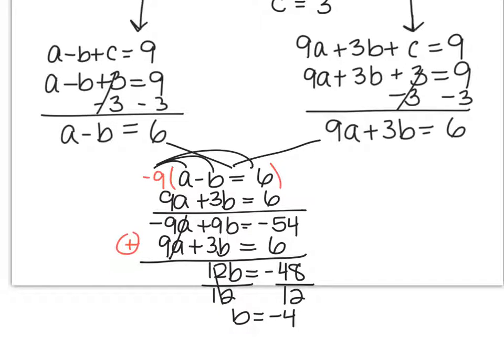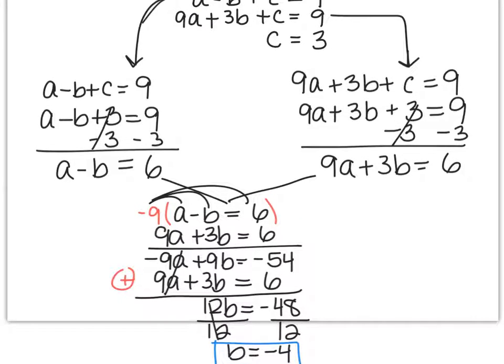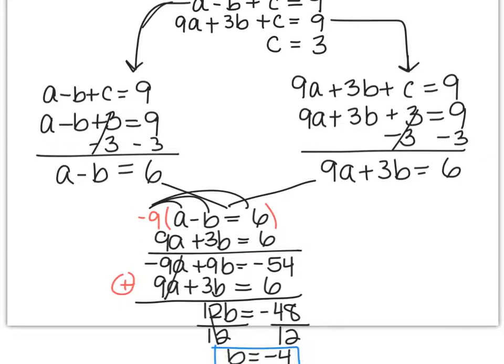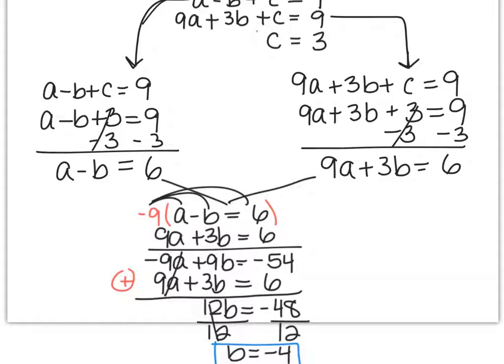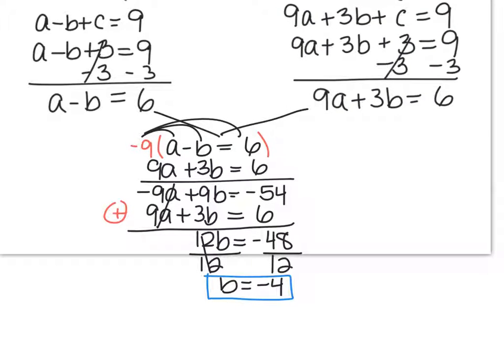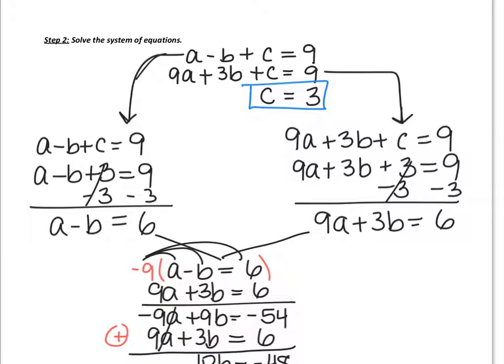So I'm almost done. I have my b value, which is -4. I have my c value up here, which is 3. And now the last part I need is to find the a value. So we're going to plug in our b and our c into one of these two top equations. I'm going to choose this top one.